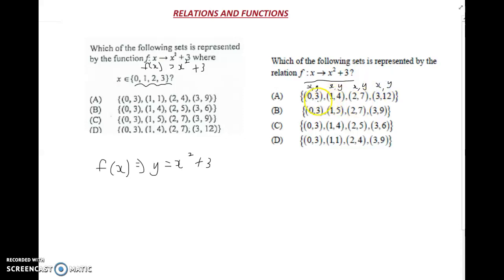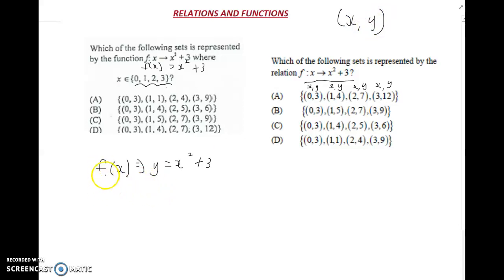So really, the first number is the x value. The x values are 0, 1, 2, and 3. See how on the left hand side we have 0, 1, 2, and 3. And we just want to find the y values, right? So again, it's our x value first, comma y.